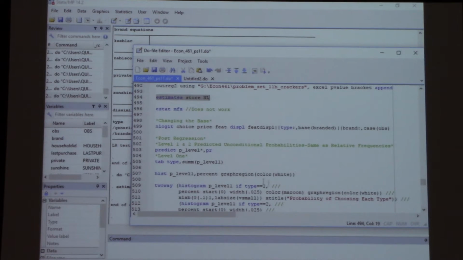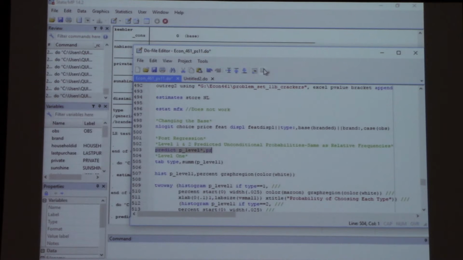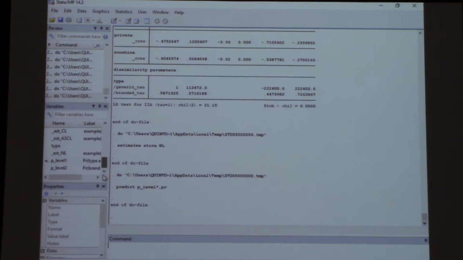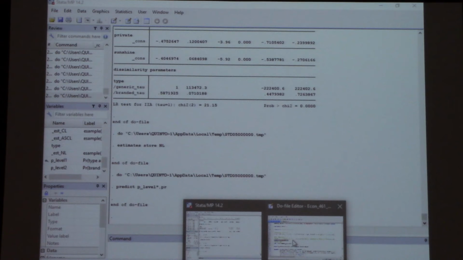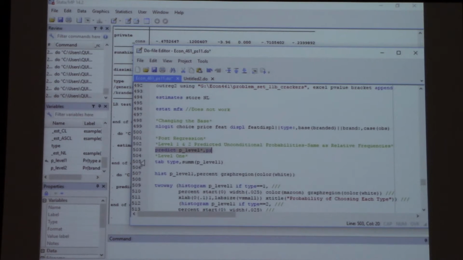All right, so let's do some post-regression stuff. So predict, P level star, and there's only 2 levels, and then you got the PR option which stands for probability. So this is just going to generate probabilities for each level. And we can tab these.